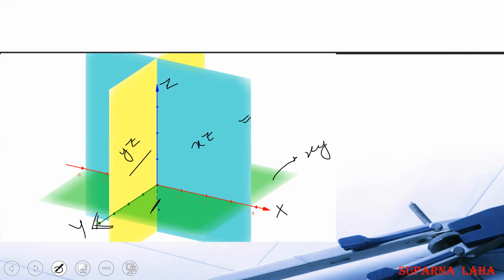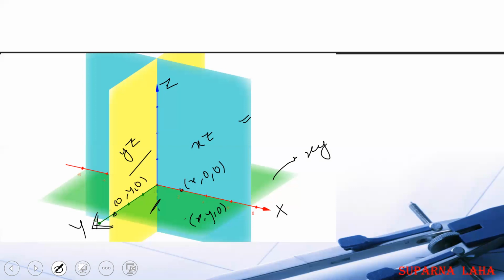Clear? So any point on the x-axis is represented by x, 0, 0. Any point on the xy plane is represented by x, y, 0. Like that, a point on the y-axis is represented by 0, y, 0.